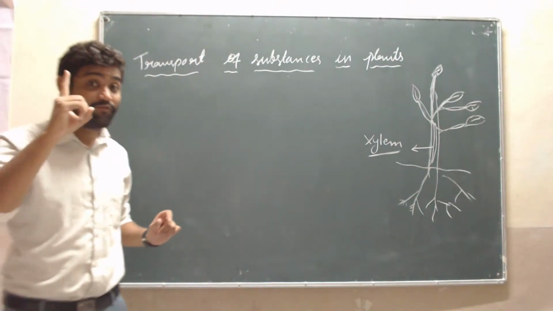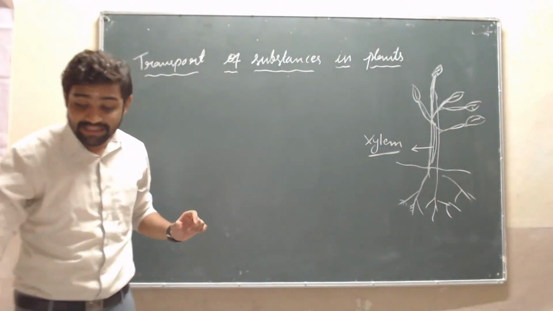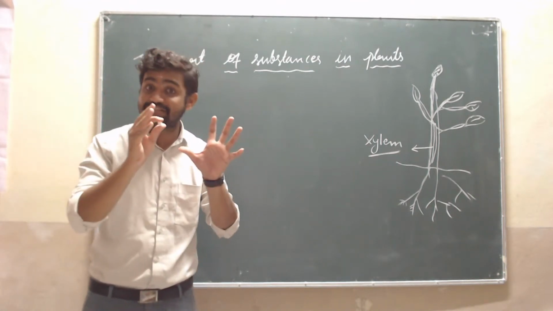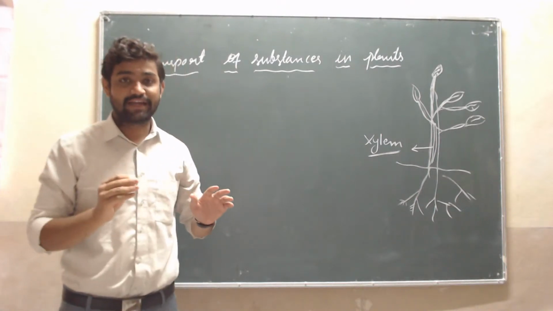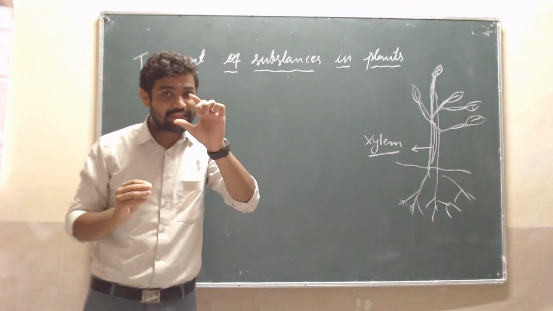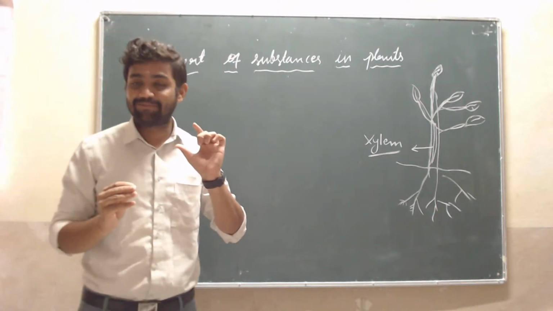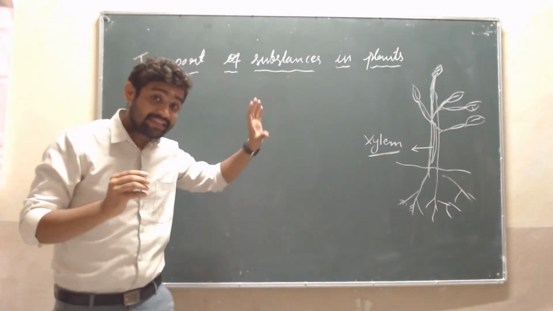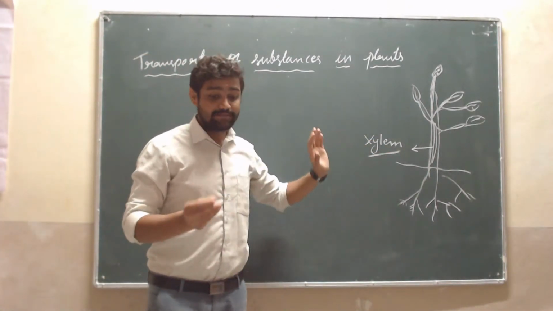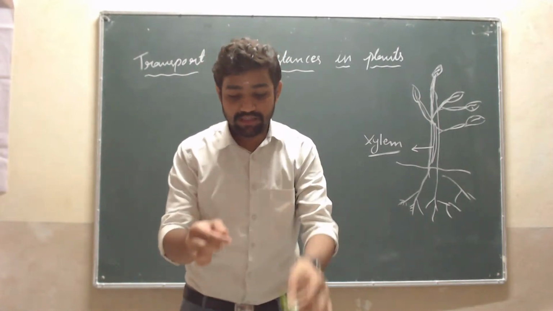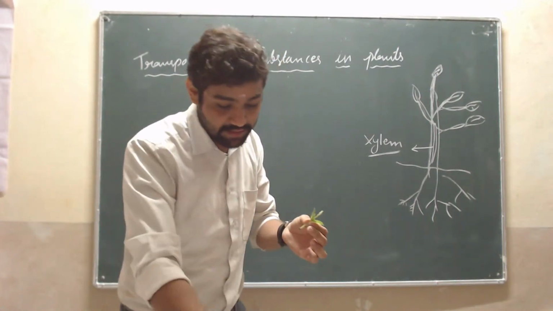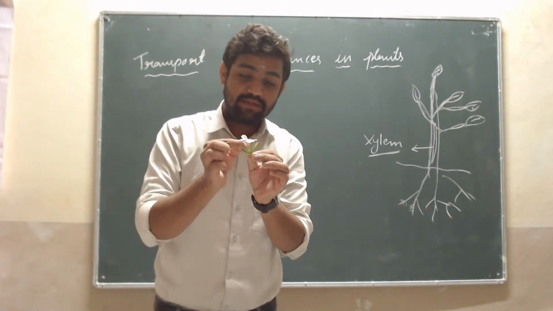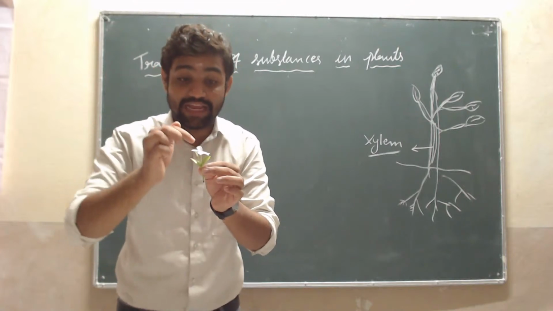Yes, with the help of xylem. How, sir? This black color is dissolved in the water. We have taken a small branch, and xylem is present in it. This xylem is connected to the leaves as well as the white flower.